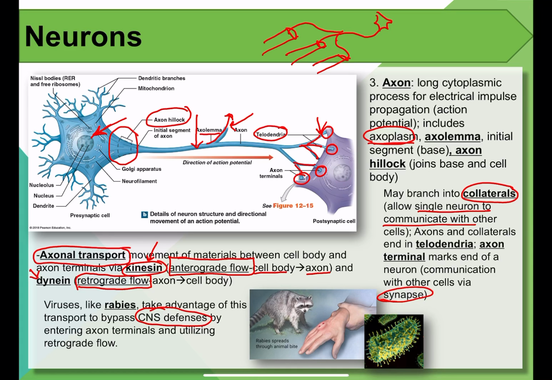through that retrograde flow. And with rabies, unfortunately, that's why, once you're infected with the virus, the first thing affected is our nervous system, because they enter our bodies and attack our nervous system first.